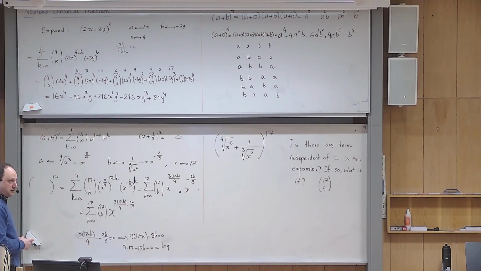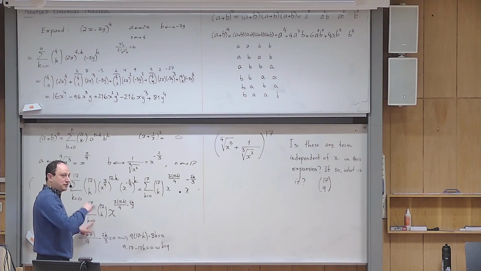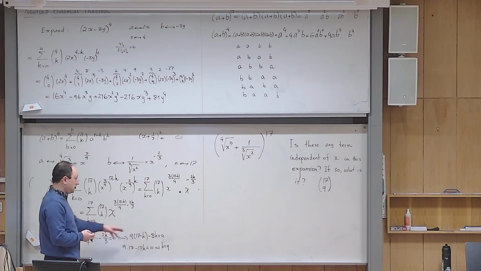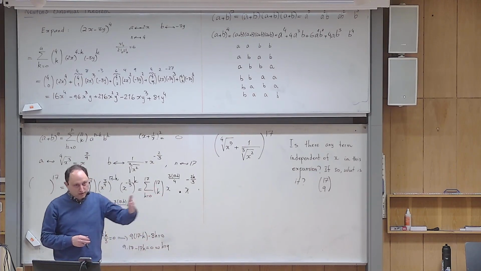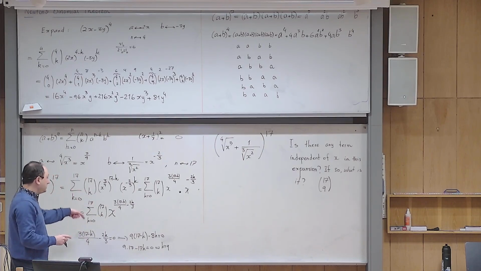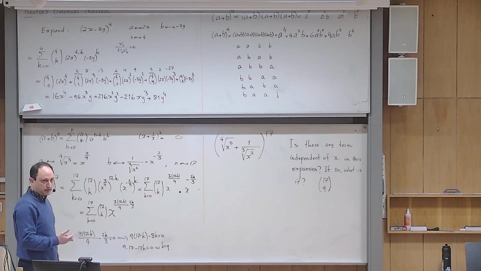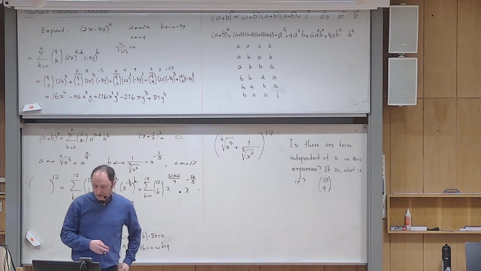It is the 10th, yes, because I told you that k starts from 0, so 0 is the first term, k equals 1 is the second term, so when k is 9, it is the 10th term. So the 10th term, and only the 10th term, is independent of x. Is that clear? Any questions? Okay, I think we stop here now.